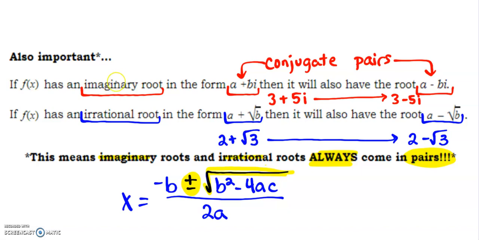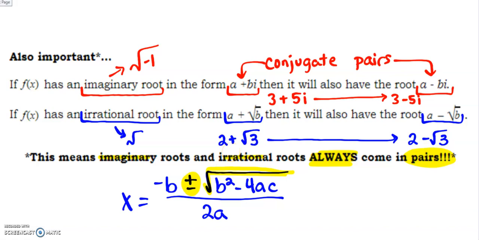How do we get imaginary? Well, imaginary answers come from the square root of negative 1. Well, you can't have a square root unless you are taking the square root of something. So that could happen. And in that case, you have a positive and a negative square root of that situation. So that's why we have conjugate pairs with imaginary. And then irrational, well, irrationals are, generally speaking, complex answers that have a radical. Again, your square root is a plus and a minus, a positive and a negative.